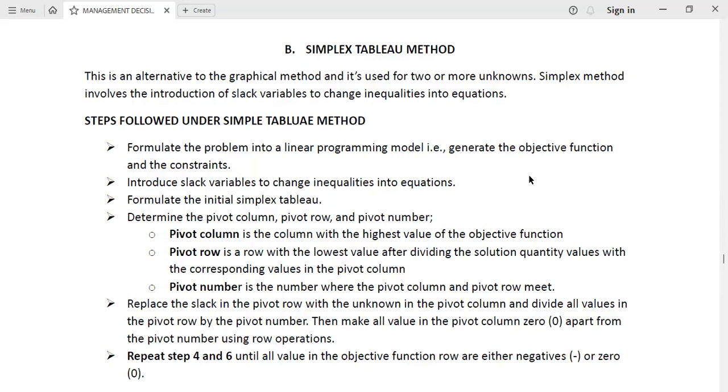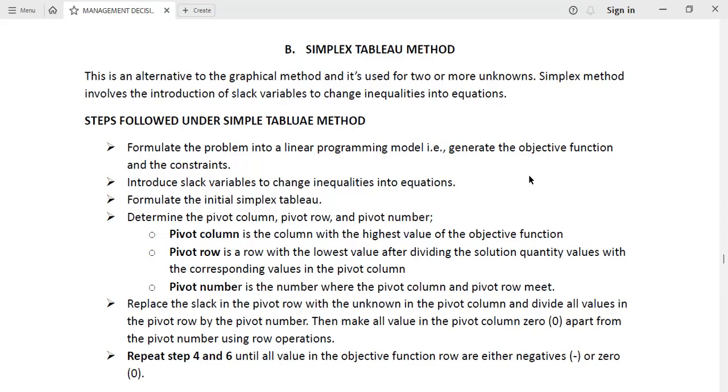But here, the unknowns are going to be three. So the only way to remove the inequality sign, either greater than or equal to, or less than or equal to, is by introducing what we call the slack variables.